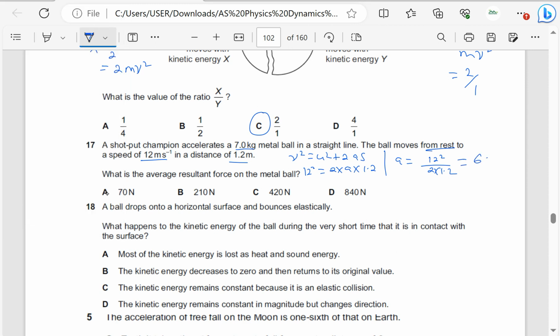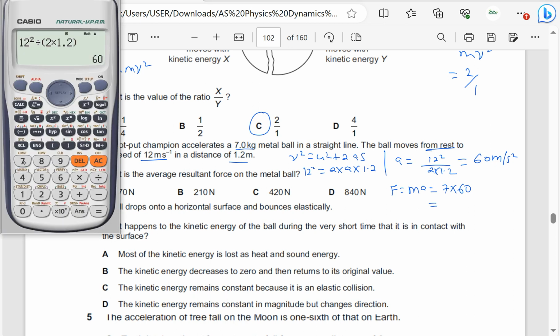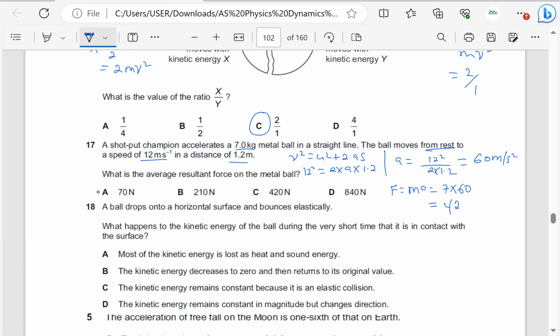So acceleration is 60 meters per second squared. So we want to find the force. The resultant force is ma, which is going to be 7 times 60, which is 420 newtons. So the answer is going to be C.